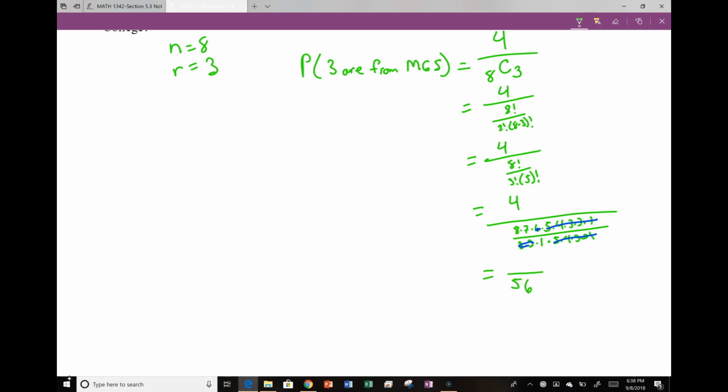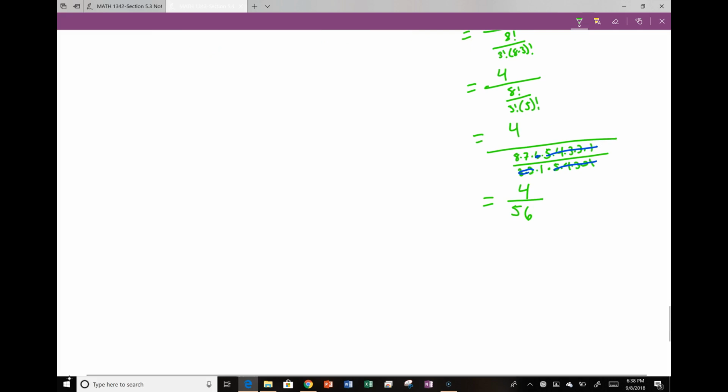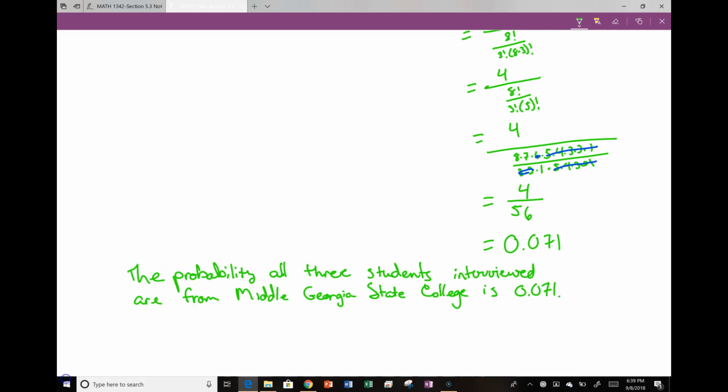56 different ways of selecting 3 students from the 8 on the denominator, and I still have my 4 from Middle Georgia State College. 4 divided by 56, if I put that into decimal format, it's going to be 0.071. The probability all 3 students interviewed are from Middle Georgia State College is 0.071, 71 thousandths.